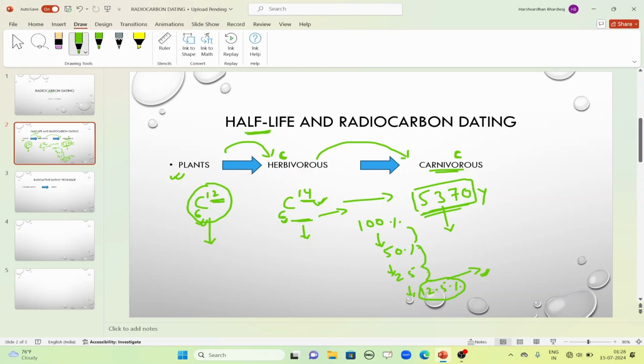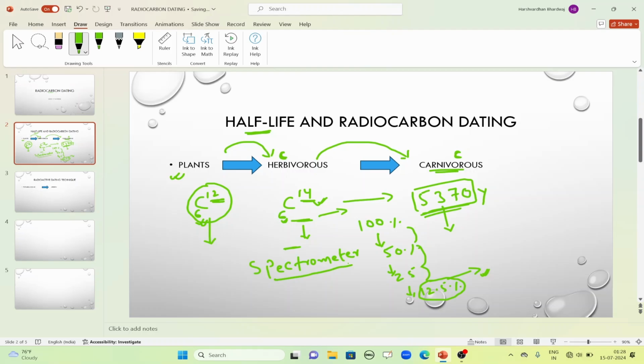There are two methods. One is by measuring the activity of the sample using a detector, the Geiger counter. Another is by counting the number of carbon 14 atoms using a mass spectrometer, an instrument that helps you measure the carbon 14 isotope.